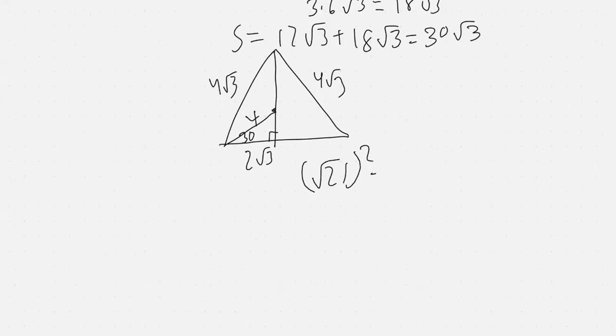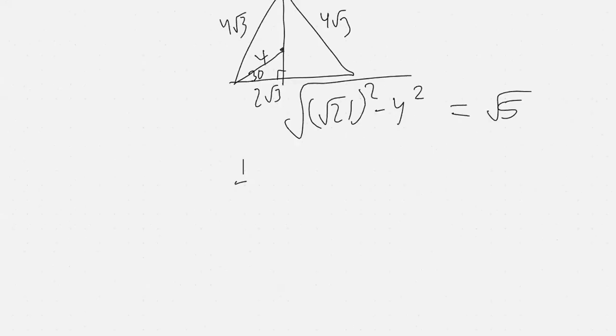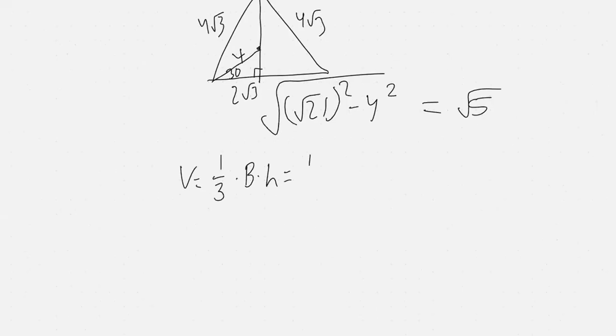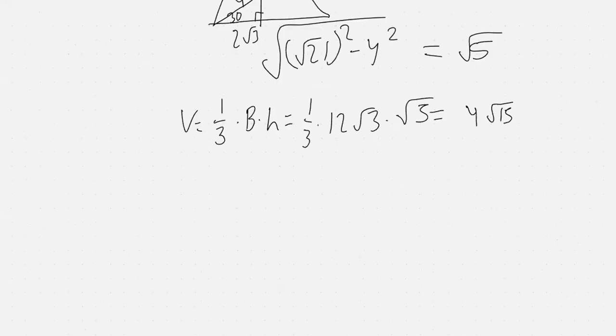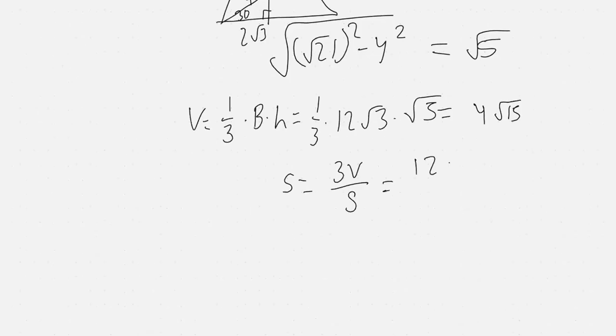So the height is √5, and the volume is 1/3 times base times height, and the area of the base was 12√3. So the volume is 4√15. And then if you plug it into the formula, you have r equals 12√15 over 30√3. So that's 2√5/5.